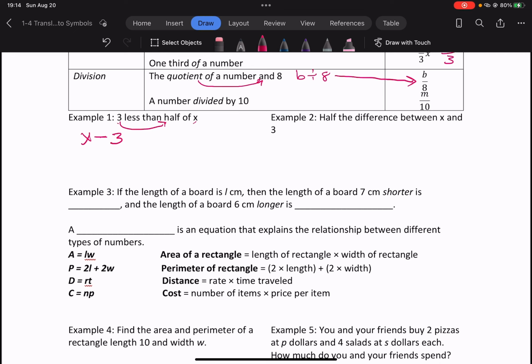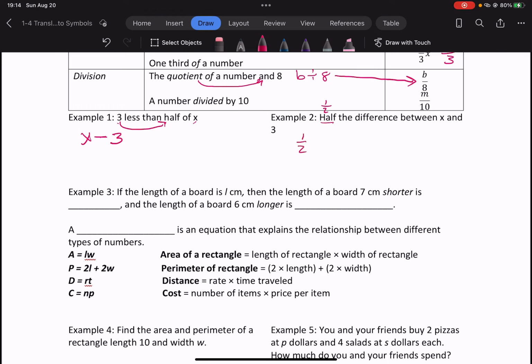Okay, welcome back. It says "half the difference between x and 3." Let's deal with the half first, but I don't want to deal with it yet. Half we know is a fraction, 1/2. Anytime you see a fraction or twice or triple of something, that implies multiplication.